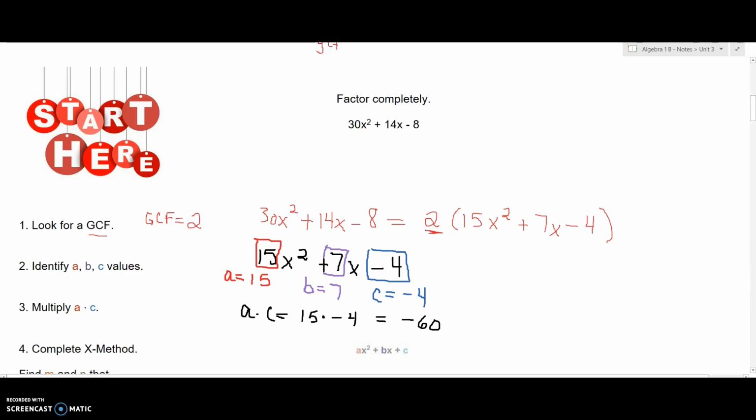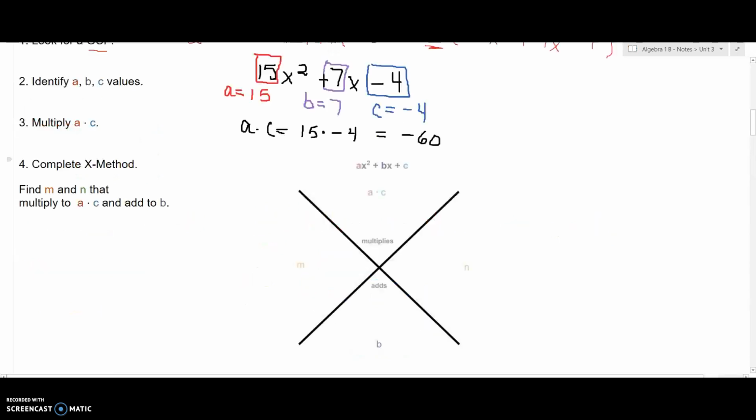Once we find our a times c, we're going to use the same method we've used in the past, our X method. In this case, we need to put a times c in our top box. In the past, we just put c, but when a is not equal to 1, we put our a times c in the top box, and we put our b term in the bottom box.